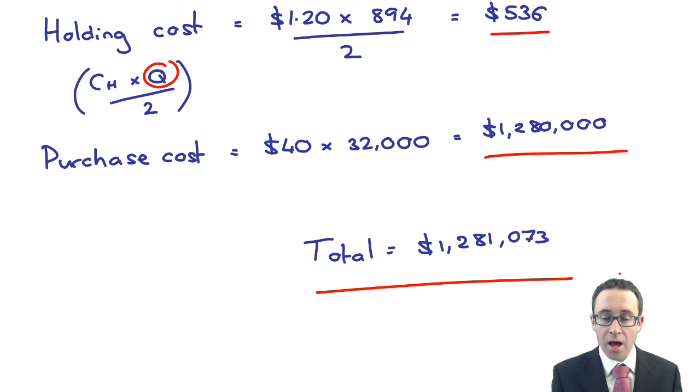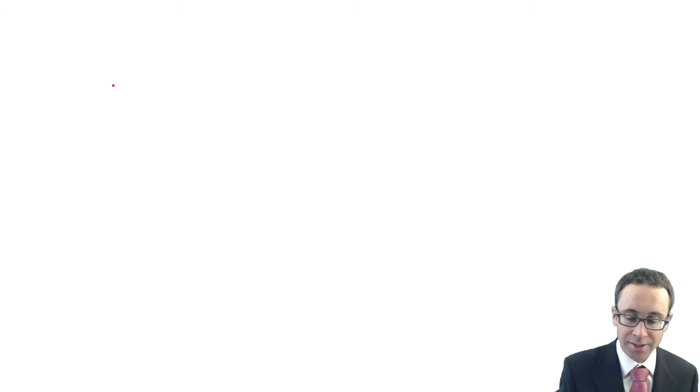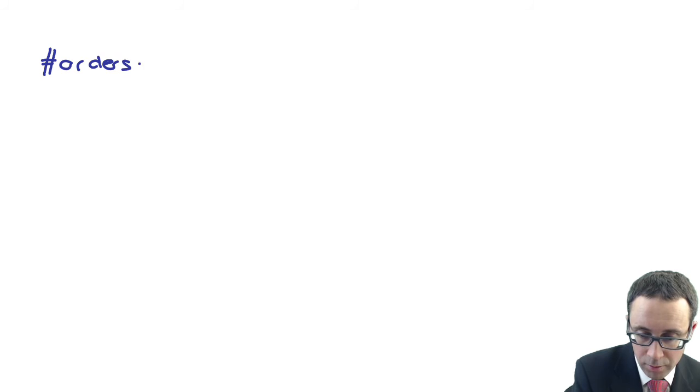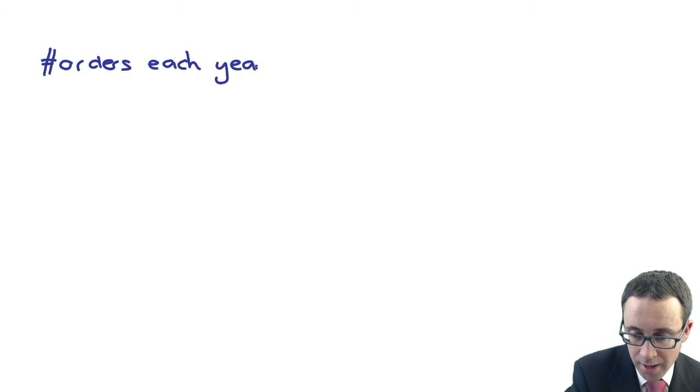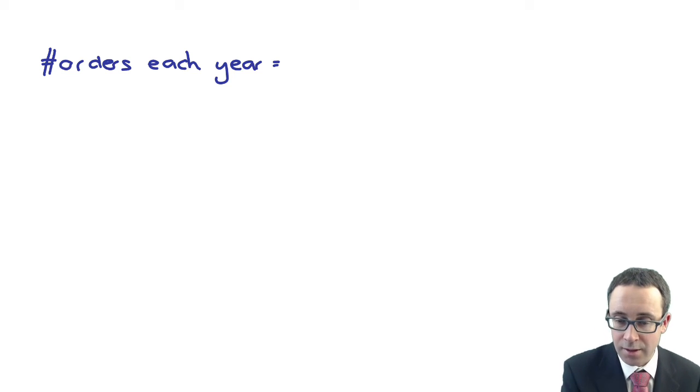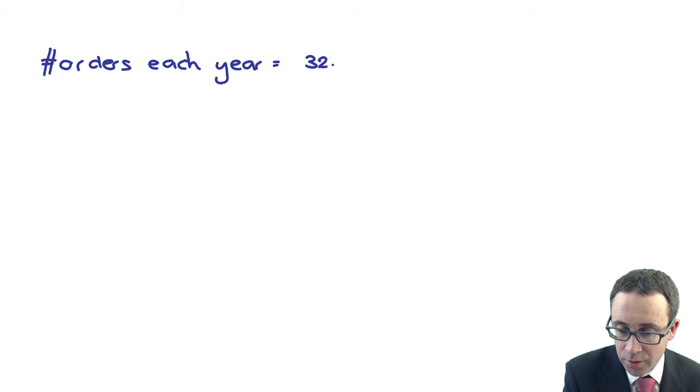Okay. What you could also do, I don't think it was mentioned within the question, but just something to add in terms of additional value, is work out the number of orders that we place each year based upon the economic order quantity. So the annual demand is 32,000, isn't it?